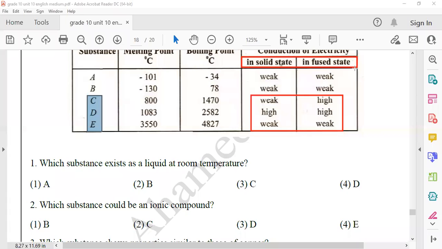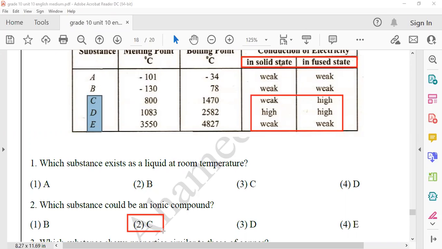C is the correct answer. In solid state, will ionic compounds conduct electricity? No. In a few states they do. So the second one, the choice is C. Agree? Yes, sir.